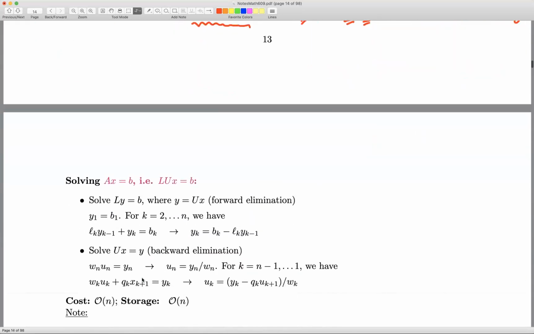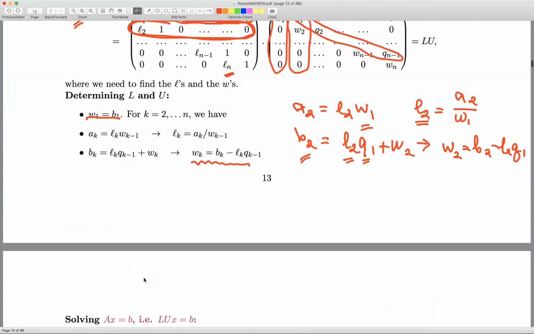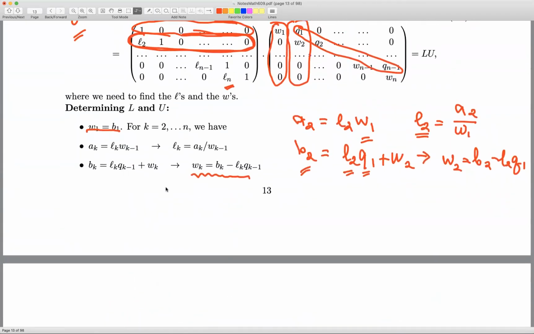And if we would like to see the cost of the LU factorization here, we can see at each step how many multiplications and divisions we have. So from K equals 2 to n, we have one division. So we have n minus 1 divisions. In this particular case, our matrix is n times n. How many multiplications do we have here?